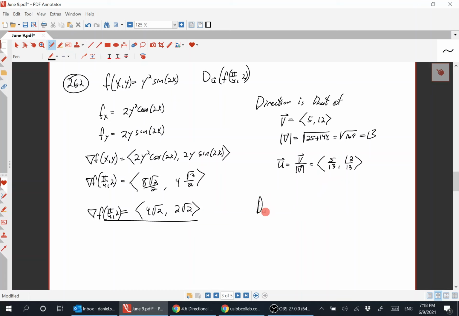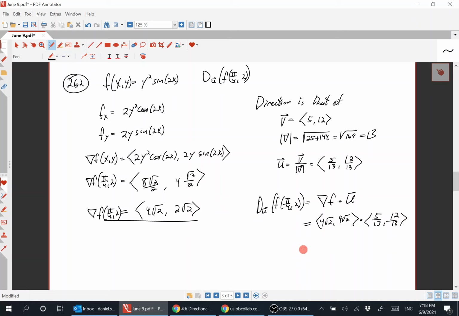So the directional derivative of f at pi over 4 comma 2 is just the gradient of f dot u. The ingredients take a little bit of calculating, but it's just the dot product, gradient f dot u. So 4 root 2 comma 2 root 2 dot 5/13, 12/13.